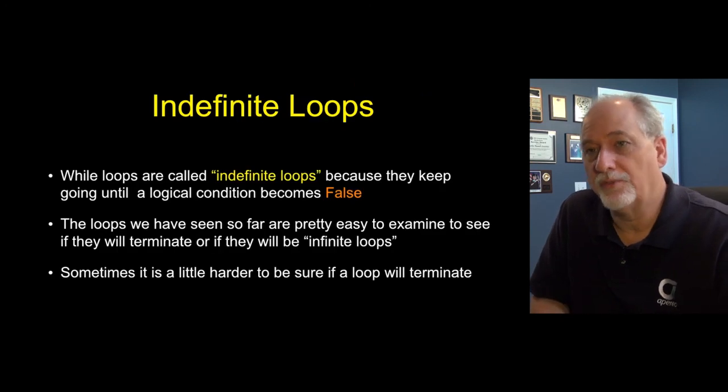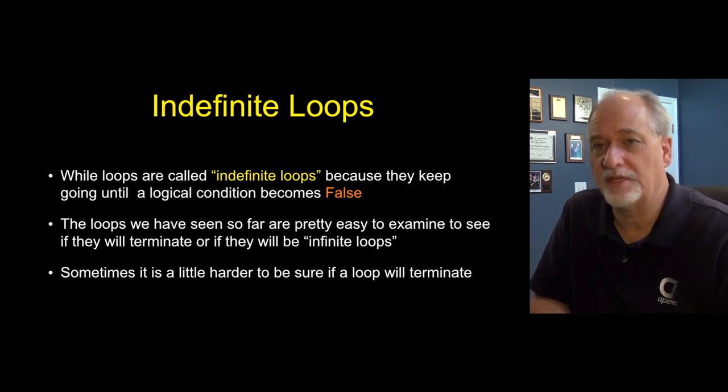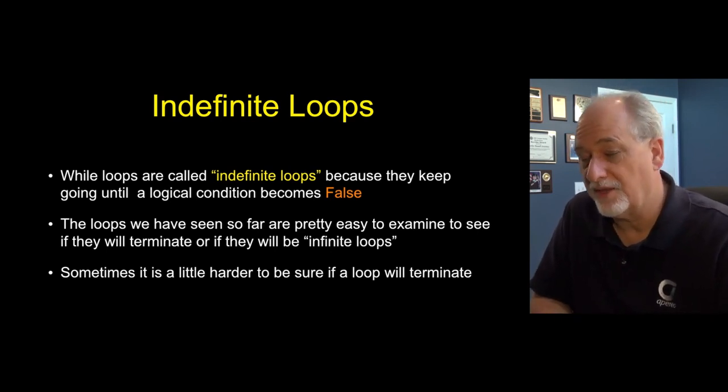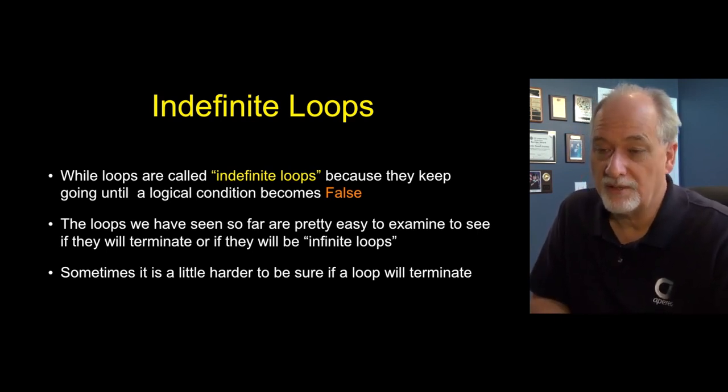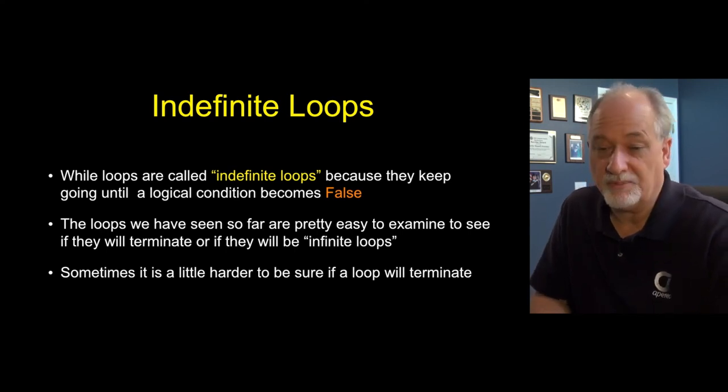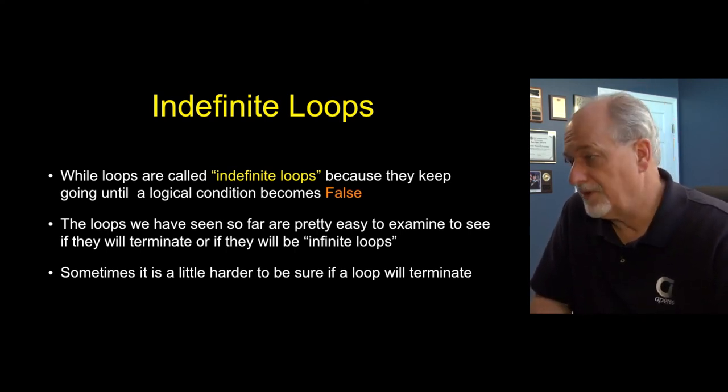So these loops that we've been drawing so far, the ones that use while as their keyword, are what are called indefinite loops. And that's because they go for a while, till a break hits or until some value becomes true, as long as that value remains true. All the ones we've done so far are easy to look at and know that they look pretty good and they're probably going to finish.